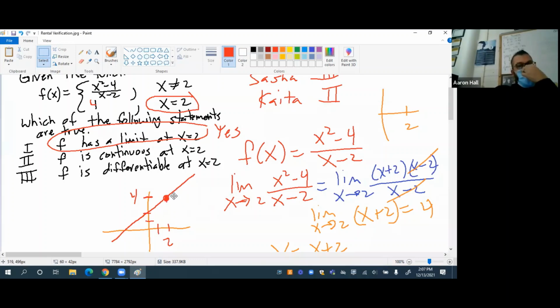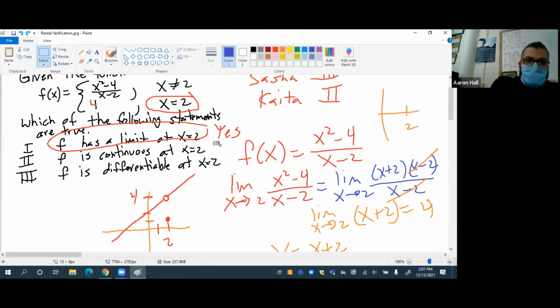Yeah, that's a removable. It takes one single dot. If this value here was f of x equals 4, that would take care of the problem and it would be continuous. But because it's not there, it's down here. Is our function continuous? No, it's not continuous.